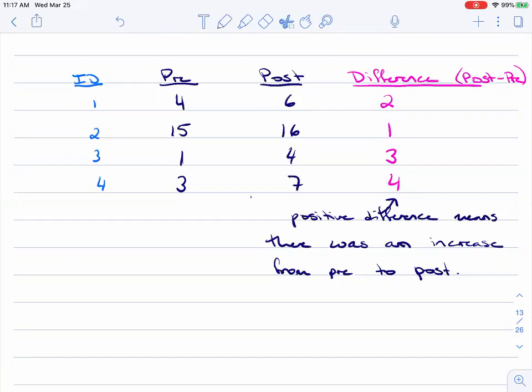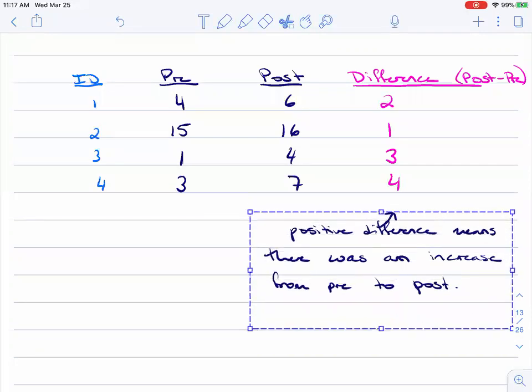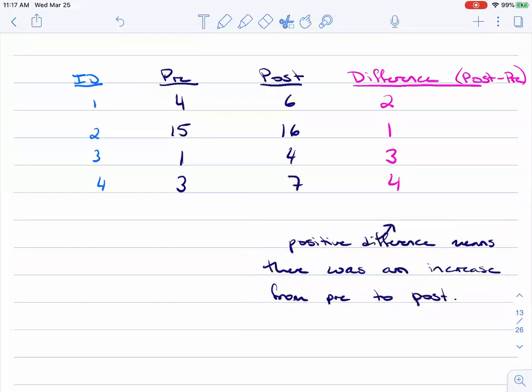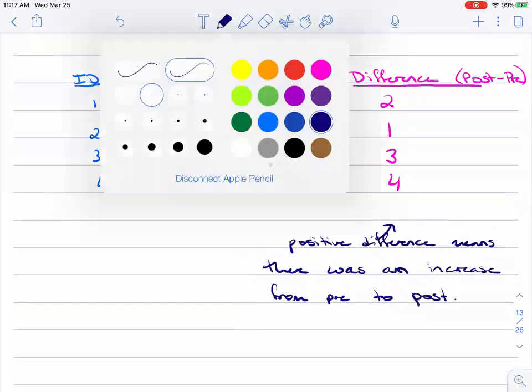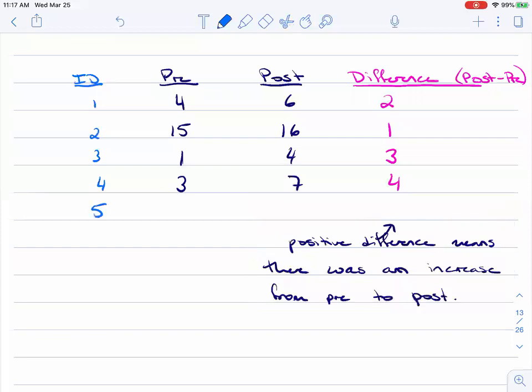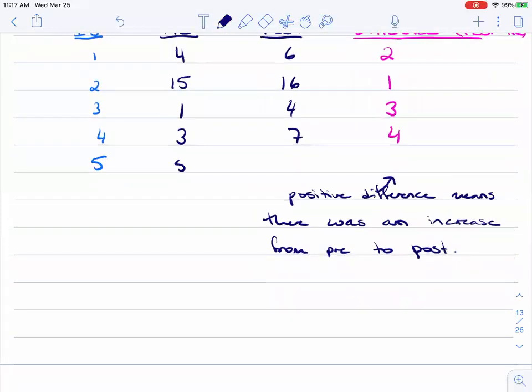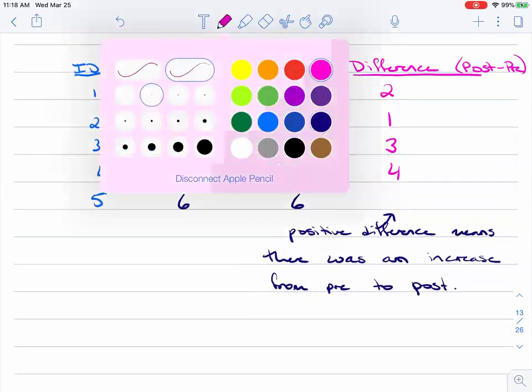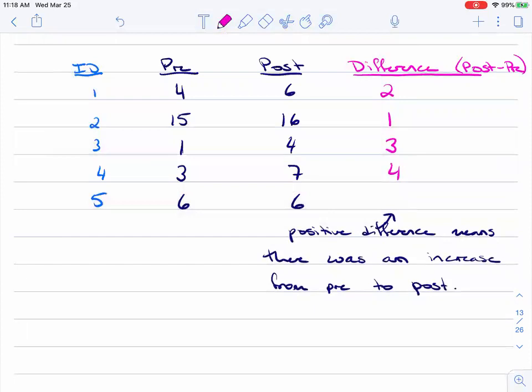What if I scoot this down just one, or you can think about another observation. What if I add ID number 5? And they started at, oh, that'll get too confusing. They started at 6, and then they went to 6 here. And this is going to be the key part, or the key idea behind this whole thing. That's a difference of 0, right?